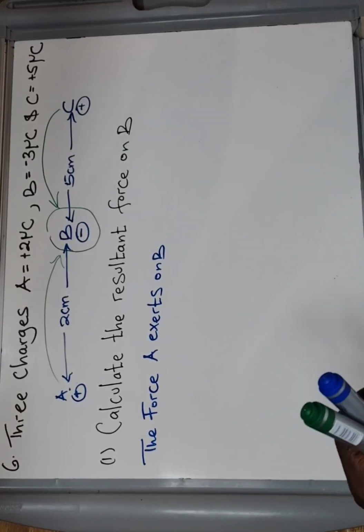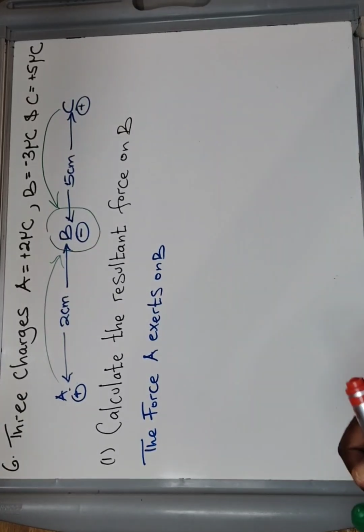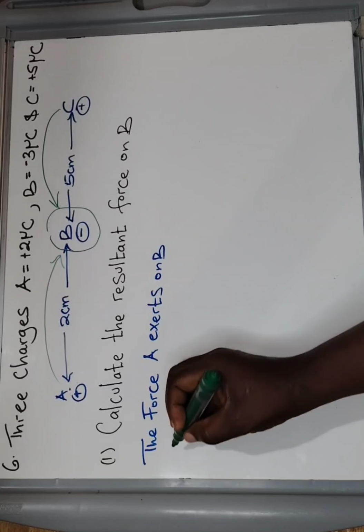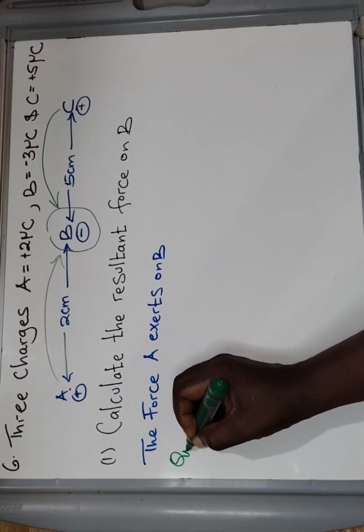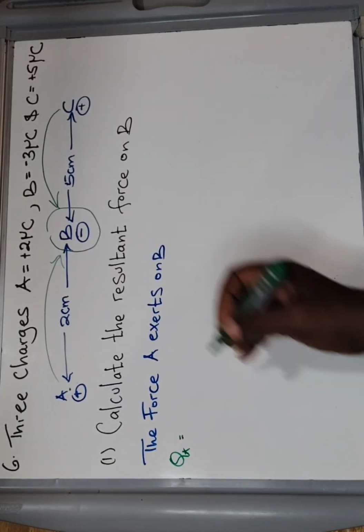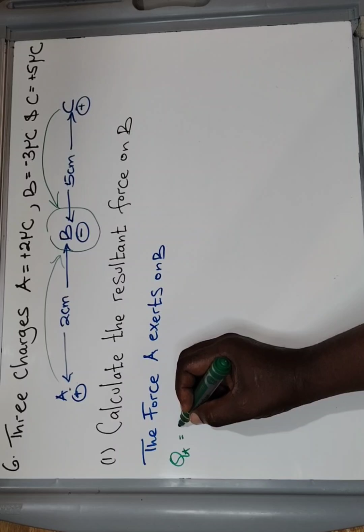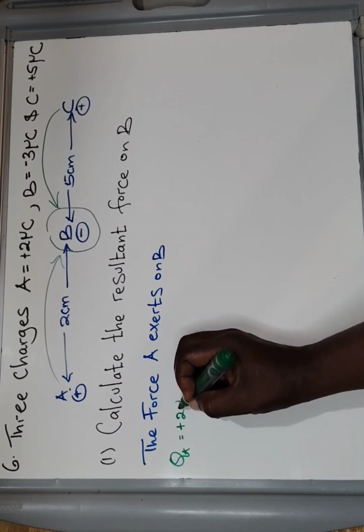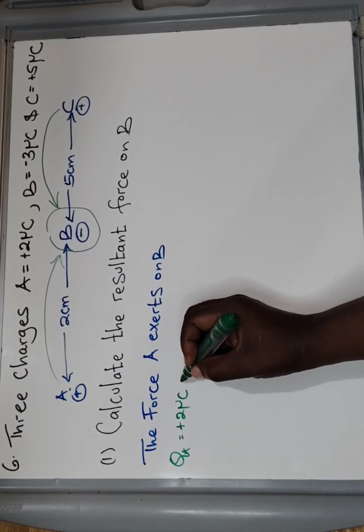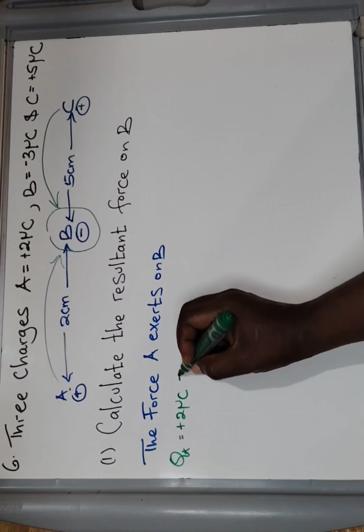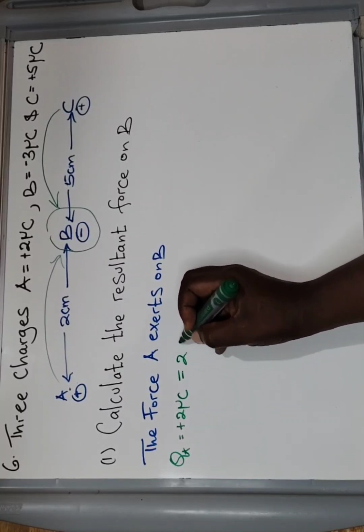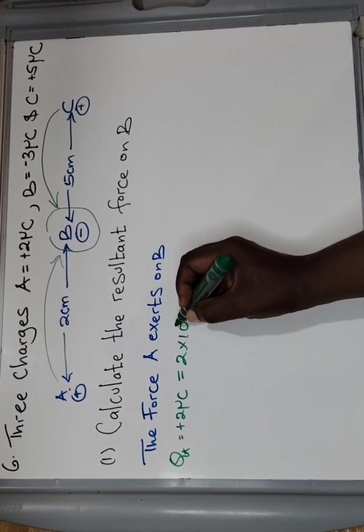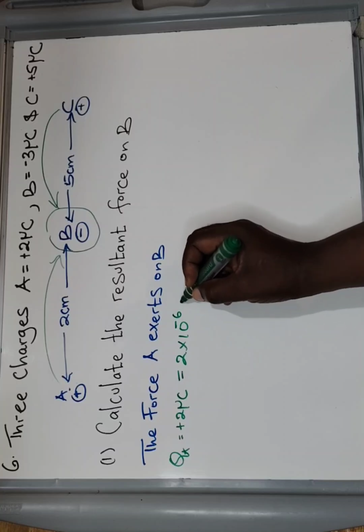And with this one, let us look at what we know. The information we have includes QA. We said it is plus 2 microcoulomb, which is the same as 2 times 10 power minus 6 coulomb.